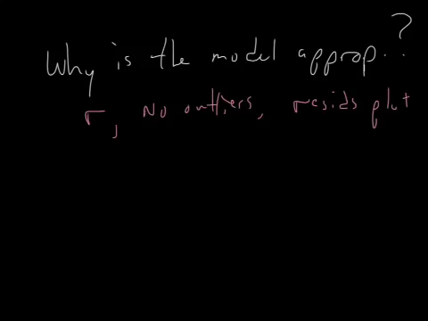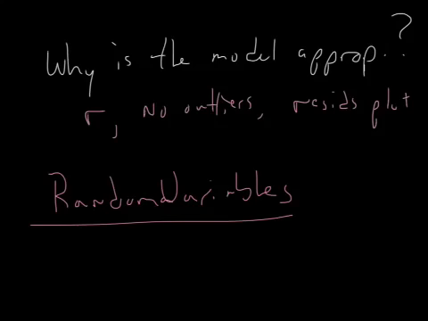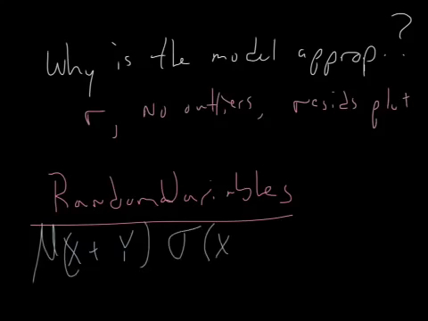As far as random variables go, when we talk about the sum of two random variables, x plus y, maybe we're talking about the mean of x plus y, and the standard deviation of x plus y, and then we follow that up with a probability statement, like what's the probability of the values of x plus y being greater or less than some value.